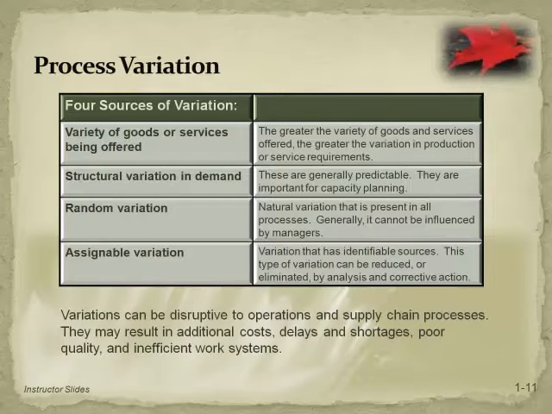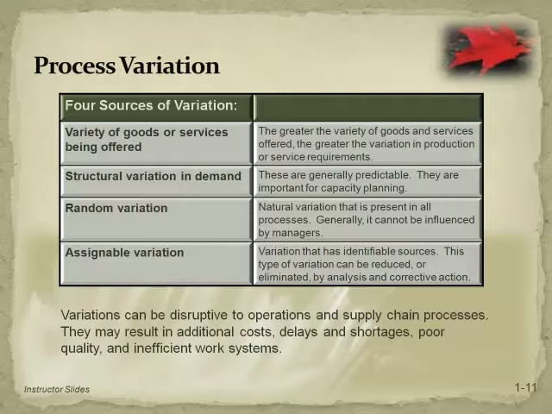Now, within each process, the one thing that we know for absolute certainty is that there will be variation in the process. This is a major theme of this course throughout the semester, process variation. So 2 slides ago, we talked about a process. Every process has an output or it has a result.